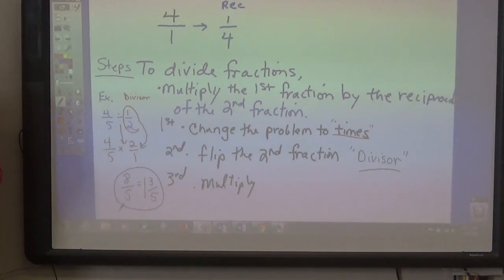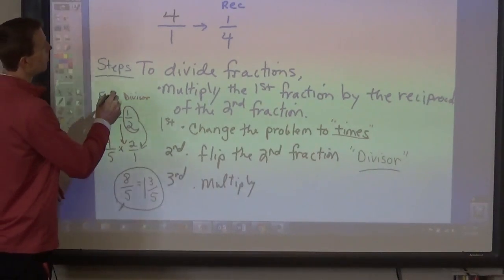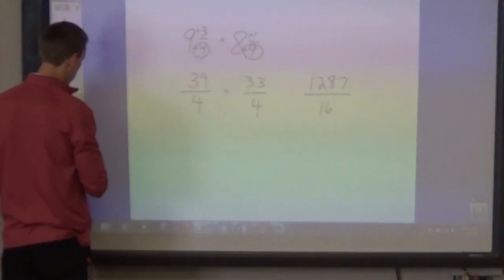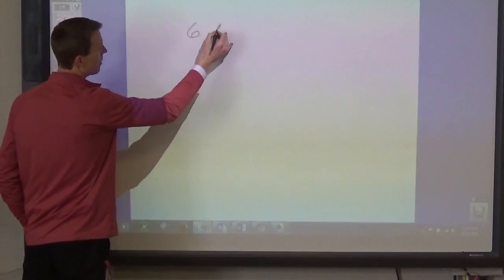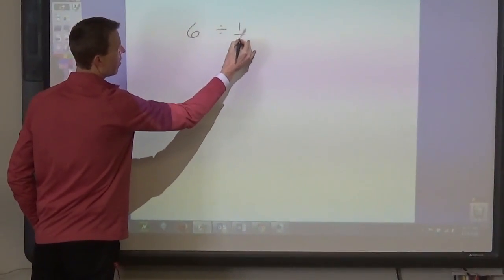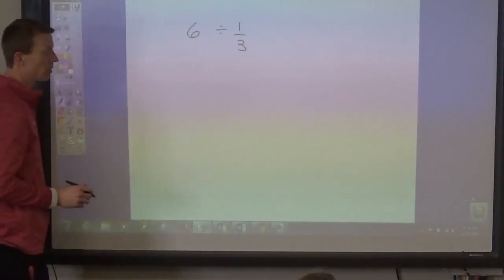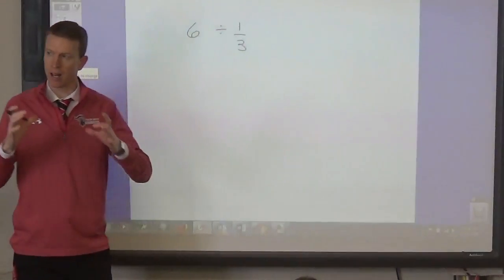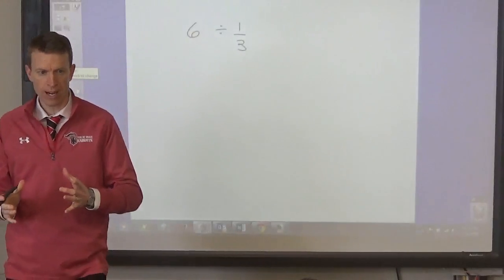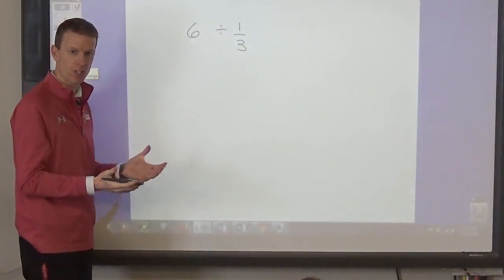So let's look at your book on page 177. It gives some examples. Example 1 says find 6 divided by 1/3. So let's do that one together. 6 divided by 1/3. Okay? Now first, whenever you're working on multiplication or division with fractions, you have to write both of them as fractions.